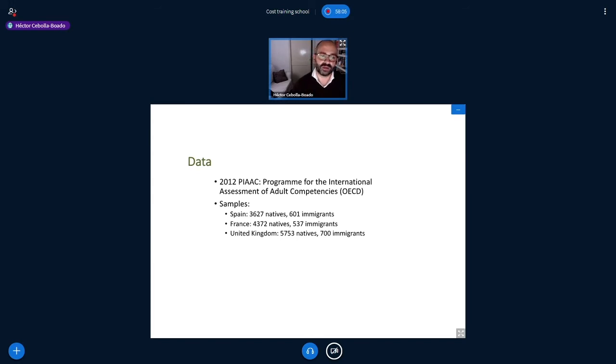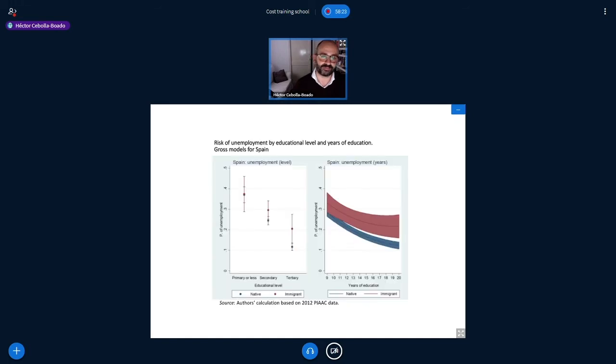So now we see the data set in which you have measures of cognitive competencies or skills for the adult population, and we have nice samples of migrants and natives in all three countries of interest in this specific paper. So this is what happens in Spain.